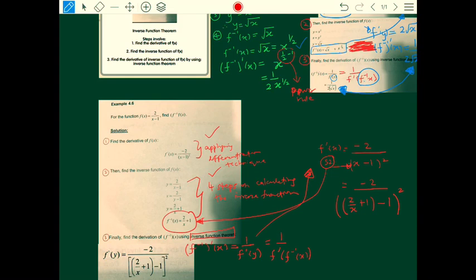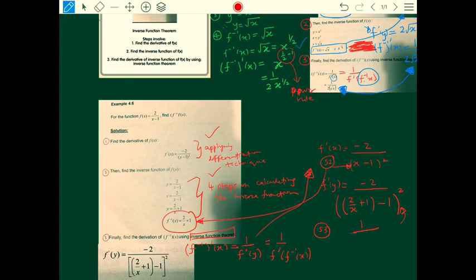No, we still have the final step. The final step, step 3, is plugging into the inverse function formula. So it becomes 1 over the whole thing here, because this is actually f inverse of y.